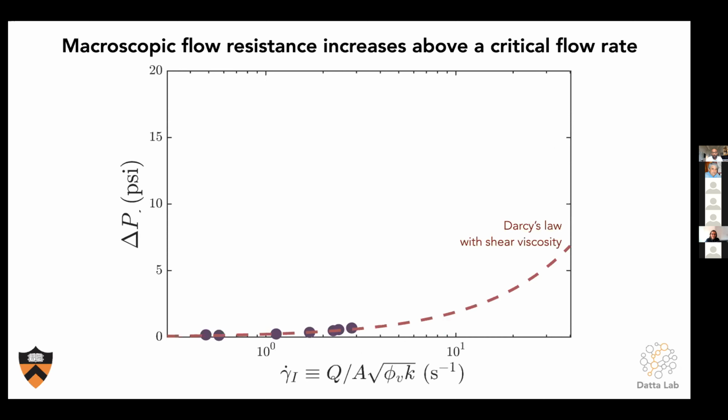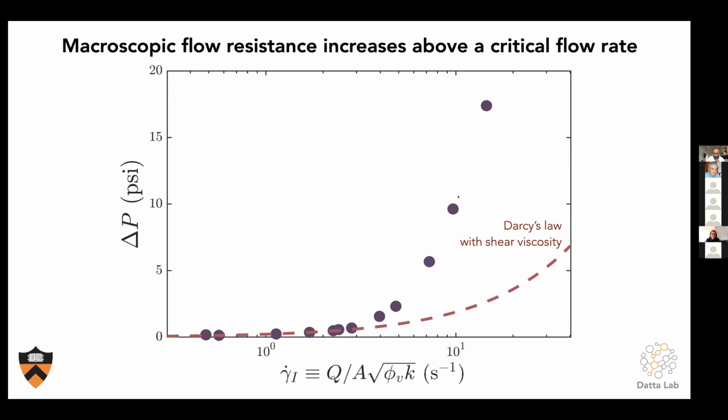And we measure the pressure drop across the medium at each flow rate. And at low flow rates, it agrees with Darcy's law, just using the measured shear viscosity. But above a critical flow rate or a critical shear rate, we again see this anomalous increase, this deviation in the flow resistance, right?